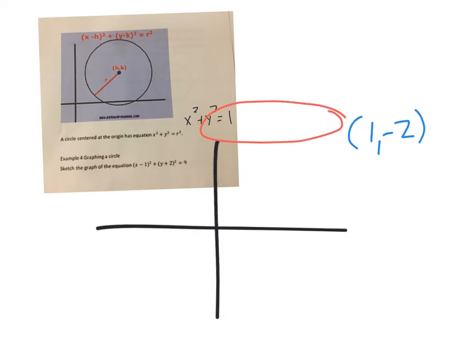So that is the center of the circle. It's not the origin. We're not going to call it the origin. I'm going to call it the center. There is no origin of a circle. The origin is the 0, 0 on a coordinate plane.